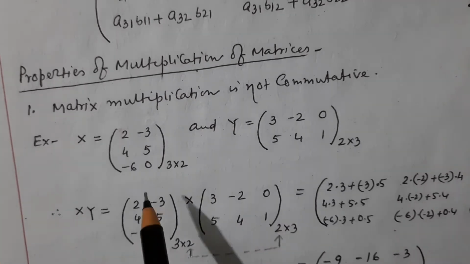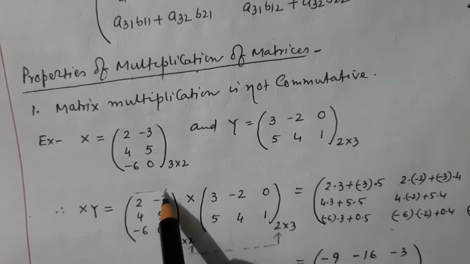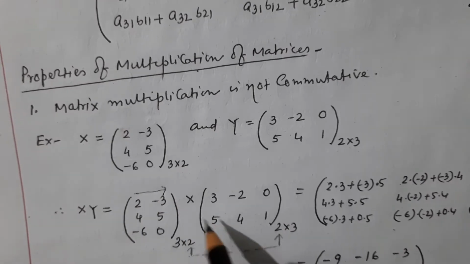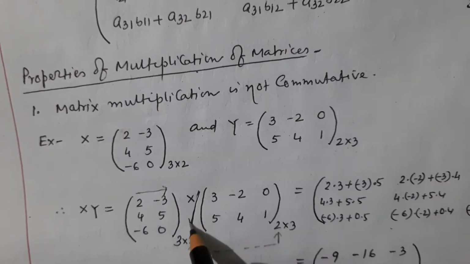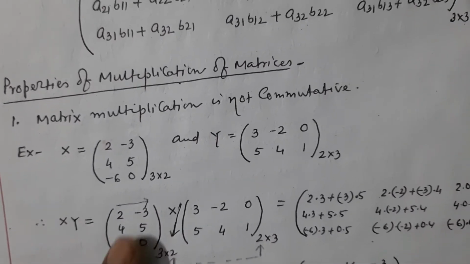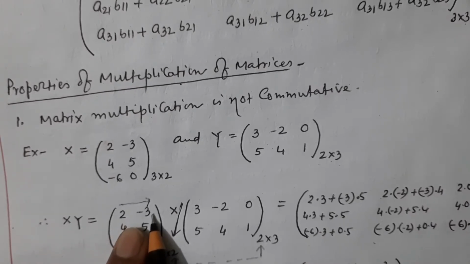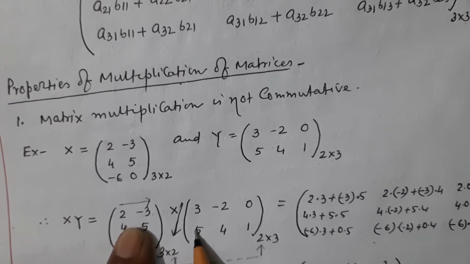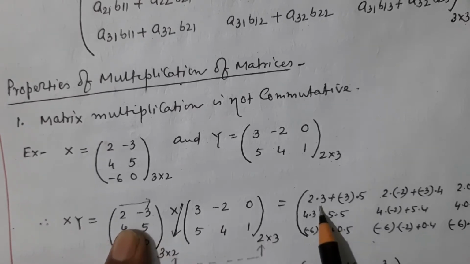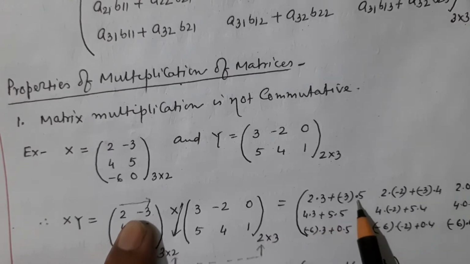We just multiply the first matrix's row with the second matrix's column in this sequence. The first row of the first matrix multiplied with the first column of the second matrix Y gives 2 into 3 plus minus 3 into 5.